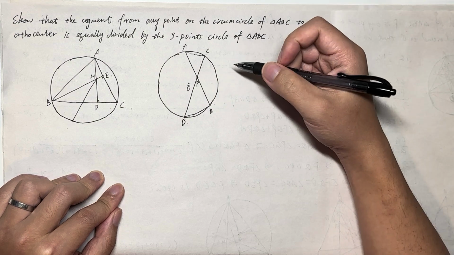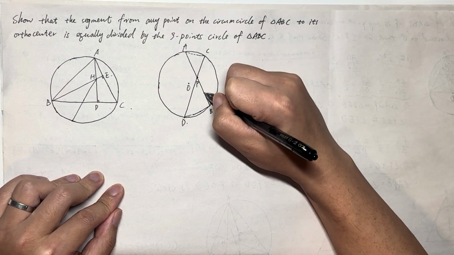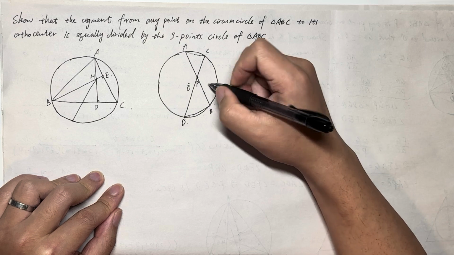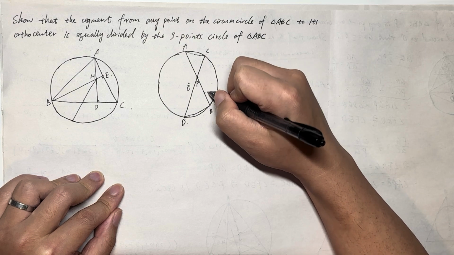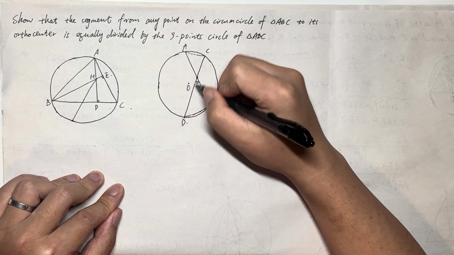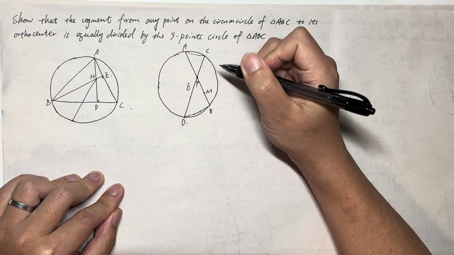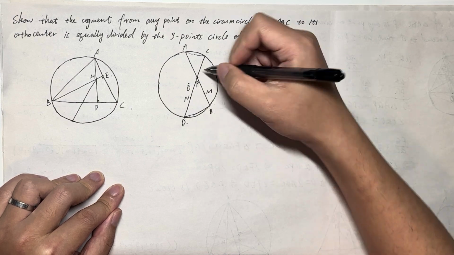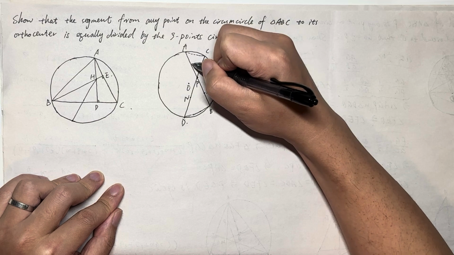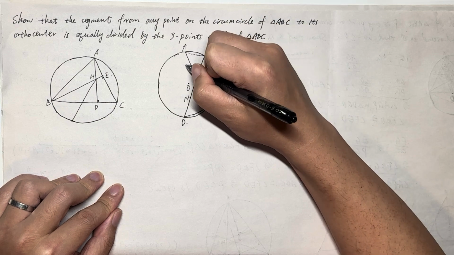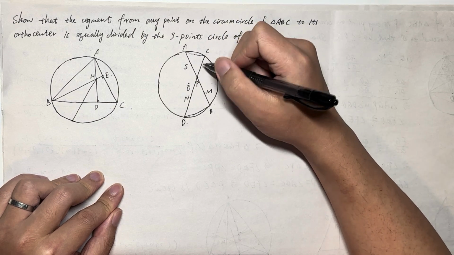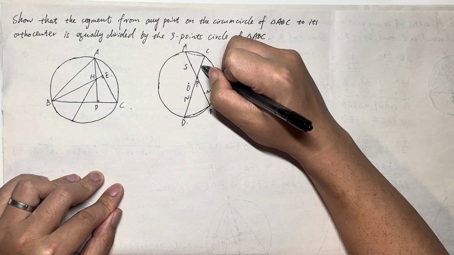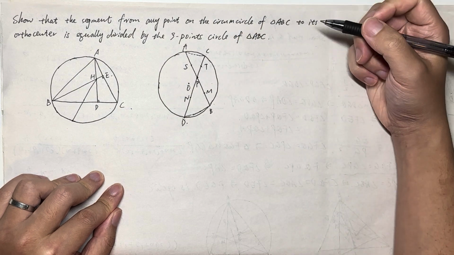Let's just find the midpoint of PB, call it M. Find the midpoint of PD, call it N. Find the midpoint of AP, call it S. Find the midpoint of PC, call it T.